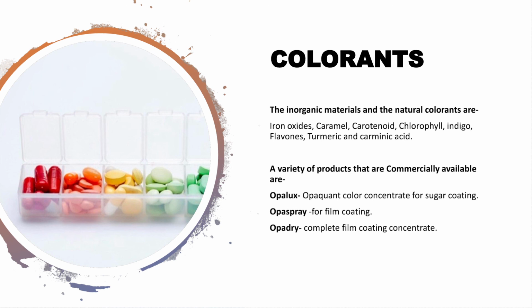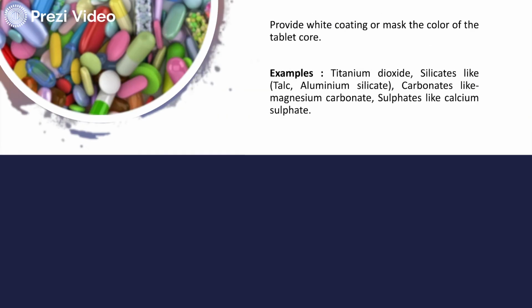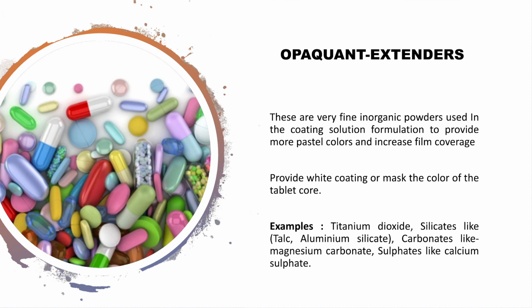There are color manufacturing companies with products like Opalux, which refers to the opacant color concentrate exclusively for sugar coating, Opaspray for film coating, and Opadry, which is a complete film coating concentrate. Opacant extenders are very fine inorganic powders used in coating solution formulations to provide more pastel colors and increase film coverage.